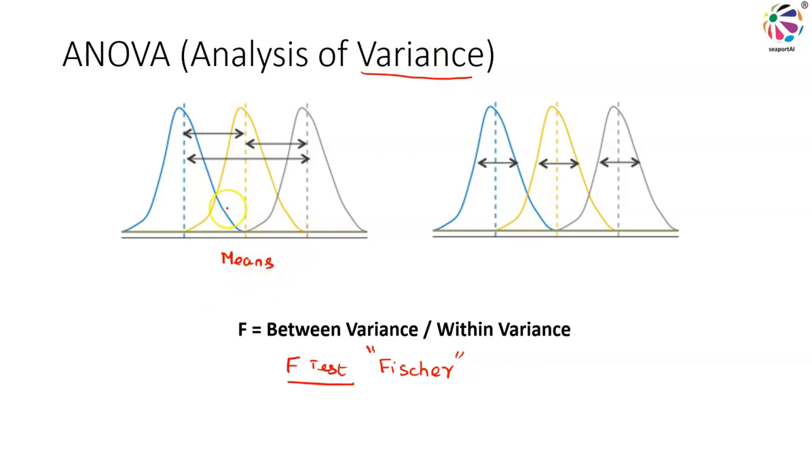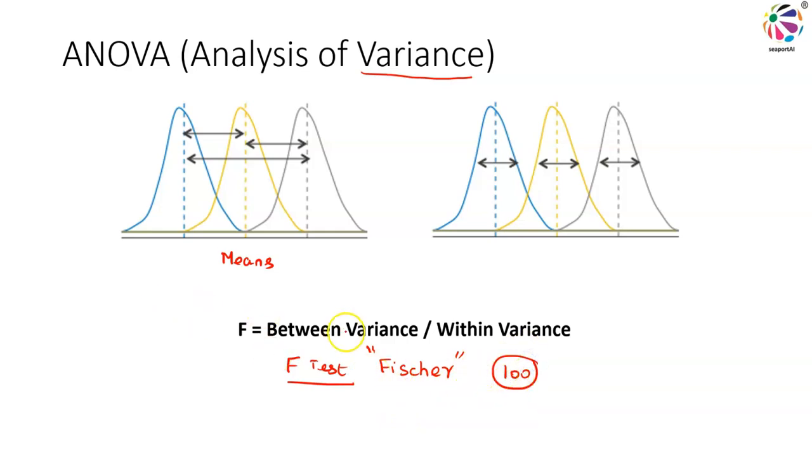Why? Whenever I say I want to compare and contrast means, I am talking of difference, and difference is best understood by variance. I also want to highlight that it was Fisher who first introduced the concept of variance about 100 years back.